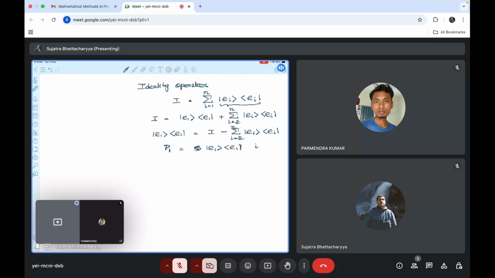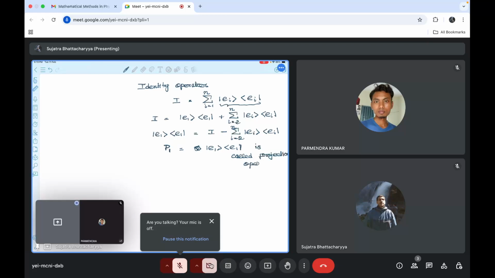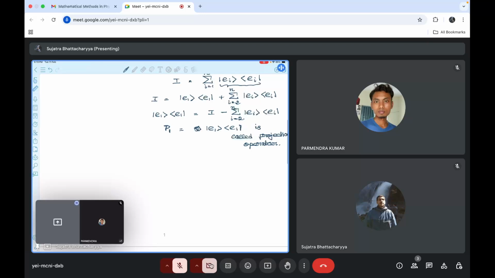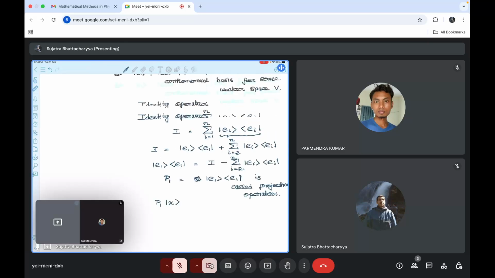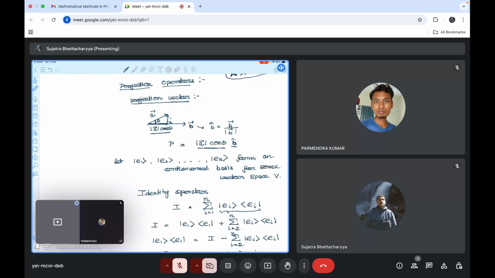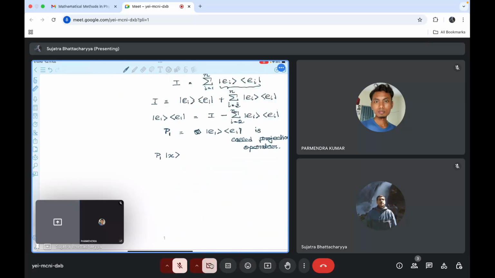So this is called the projection operator. You will see how it is going to be similar to the projection vector. Let me just show you. Suppose I operate this P1 on a vector x, some arbitrary vector x, like we have taken some arbitrary vector a earlier.